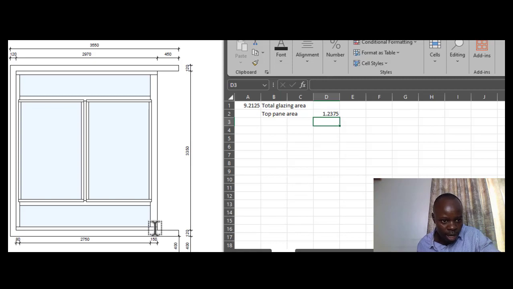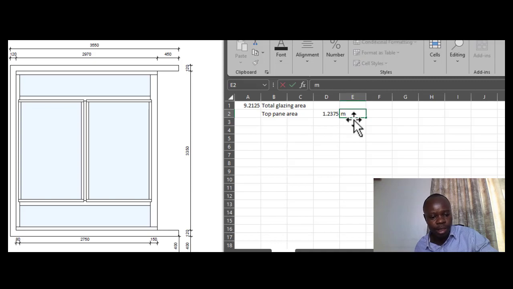That is the area, and of course the top and the bottom panes are of equal areas. So the area is 1.2 square meters, that is 1.23.